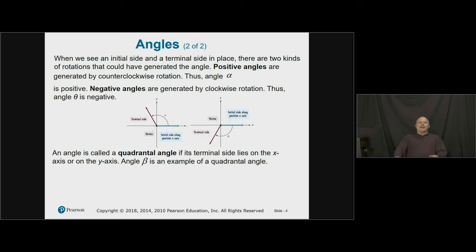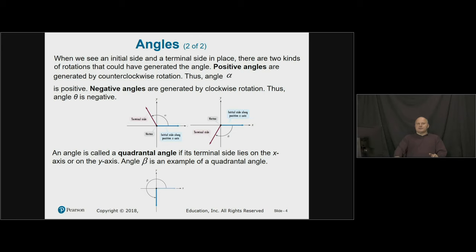An angle is called a quadrantal angle if its terminal side lies on the x or y axis. For example, here angle beta is an example of a quadrantal angle. It sounds kind of weird because when you have a coordinate system, there are 4 quadrants: the first, second, third, and fourth quadrant.